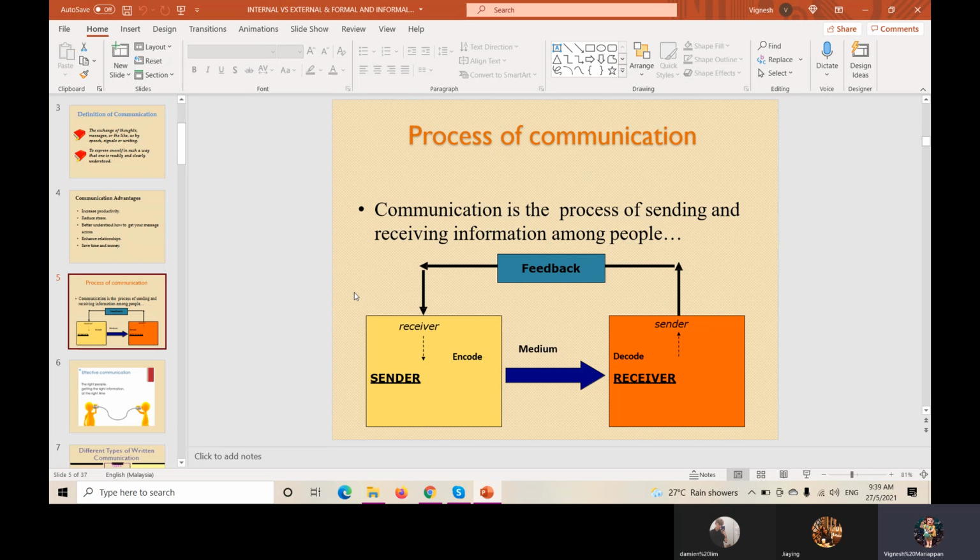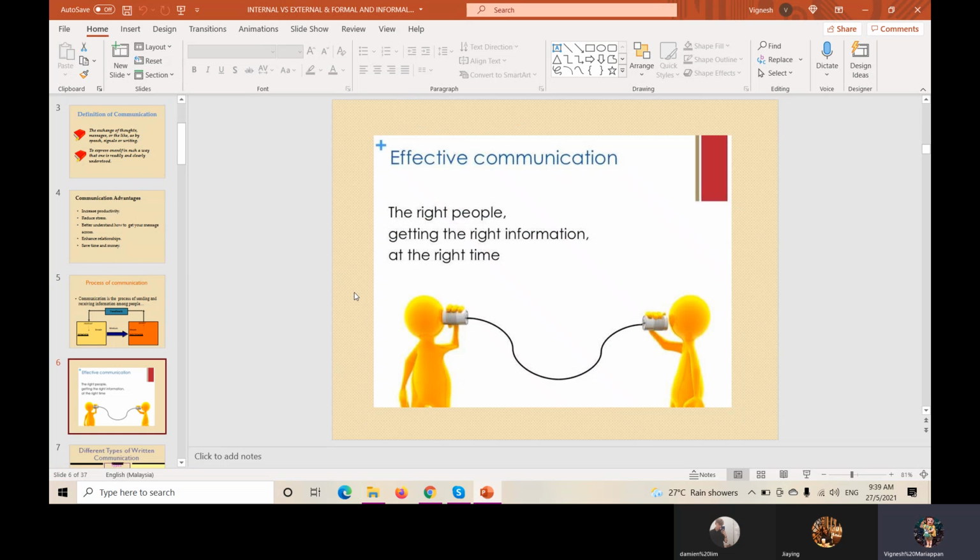Okay, the communication process I already explained, meaning how the sender sends the information and how the receiver receives the information by encoding and decoding. This process is a full package. If I'm not mistaken, we have six terms to remember and explain in this process of communication, and I already explained in the previous class. Please watch the recorded video.